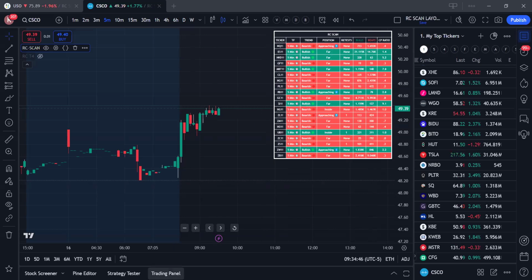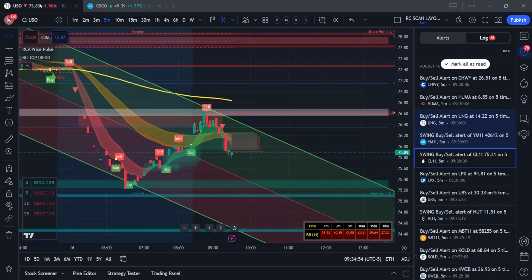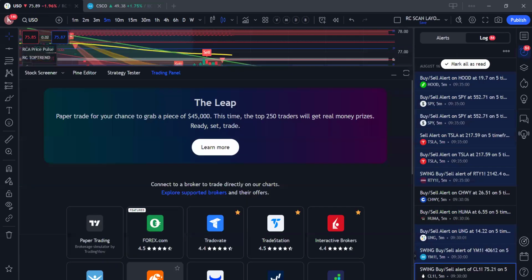So we can go ahead and buy the puts for USO, and also at the same time we can also buy shorts for crude oil.